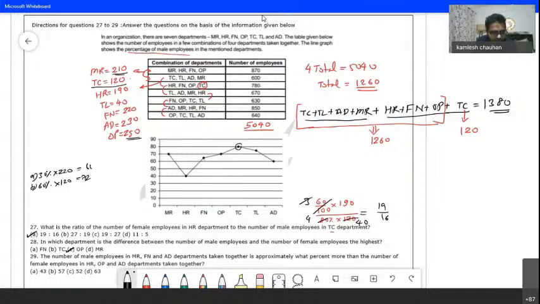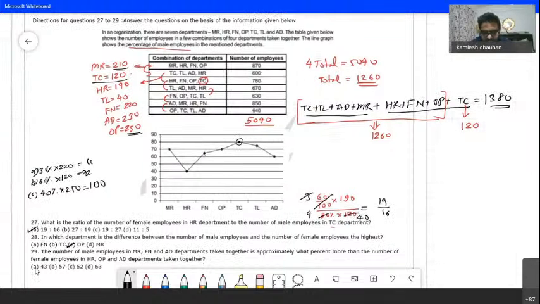For OP, between OP and MR, OP is obviously higher. So for OP, the difference is 70 minus 30, which is 40% of 250, which is 100. So the answer is C. Everyone clear? You need not calculate; even if you just look at the numbers, you will get an idea.